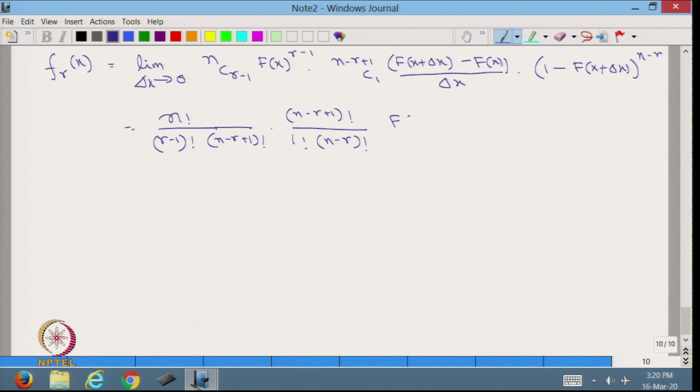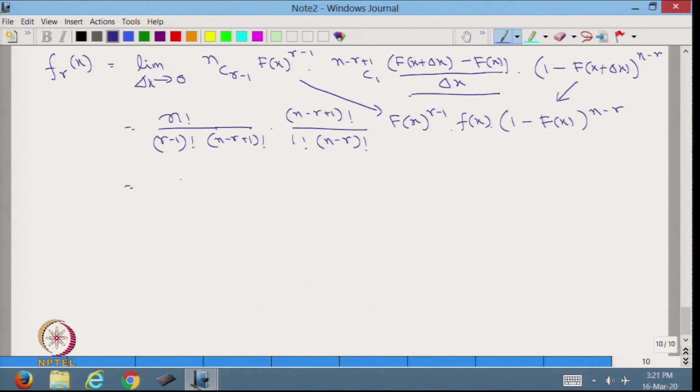Now, this gives us F(x) to the power r minus 1, this gives us f(x), and from here we get 1 minus F(x) whole to the power n minus r.